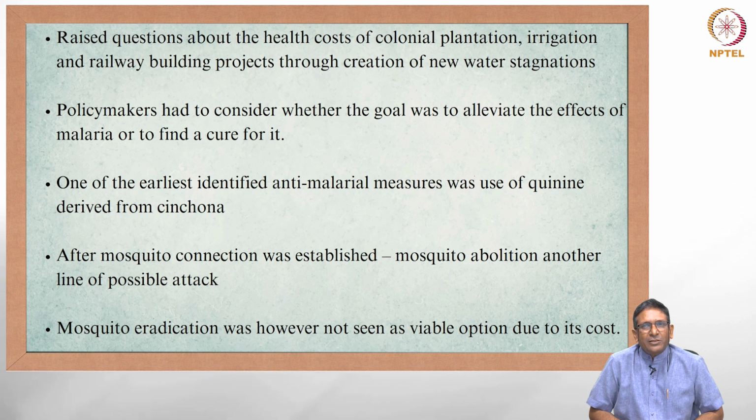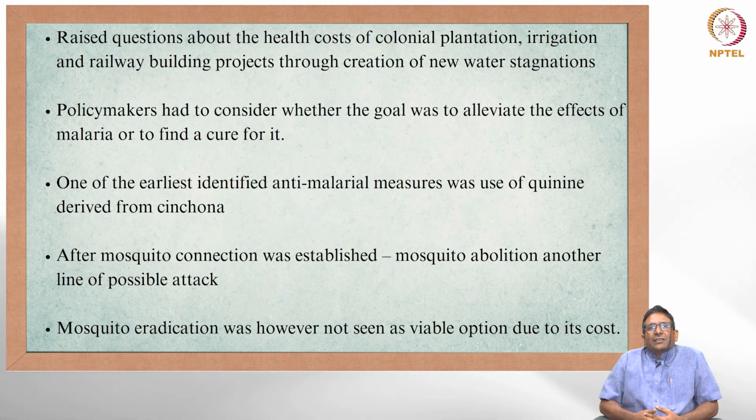Another important aspect to be considered in the context of malaria, given the huge challenge that it posed, was whether the goal should be to alleviate the effects of malaria or find a cure or even a way of eradicating it, which is something which continues to be elusive.